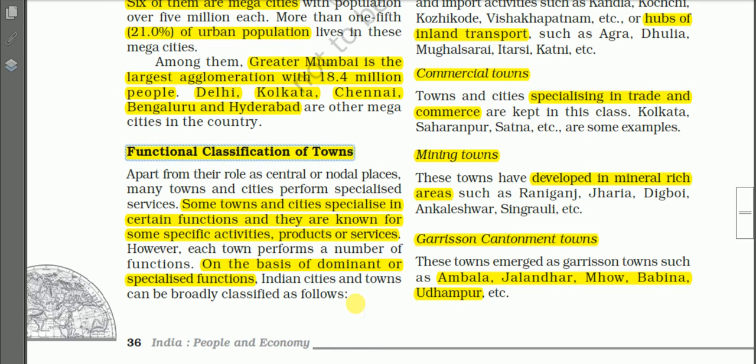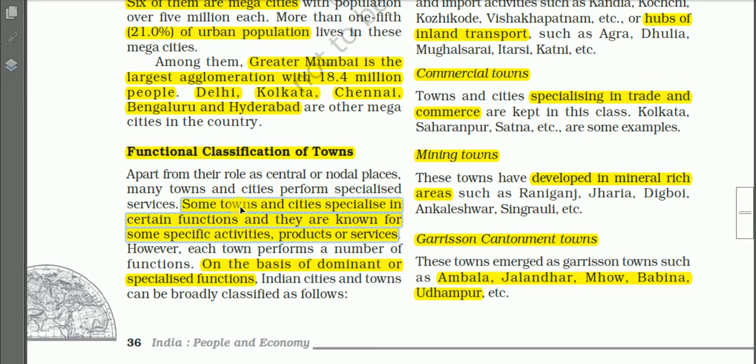Next we have functional classification of towns. See, we know that cities perform different types of functions. However, if you examine very carefully, you may find some specialized functions in a city. Generally, a city or a town performs a lot of functions, but if we examine them very carefully, you may find a dominant function also.